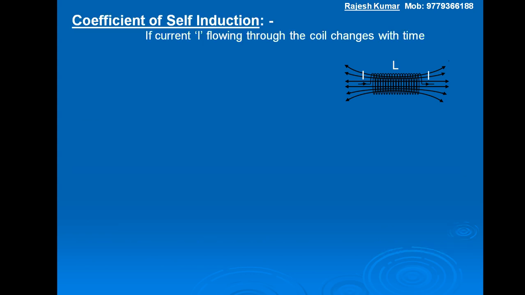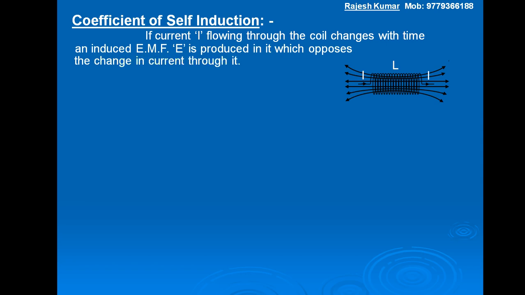If current capital I flowing through the coil changes with time, an induced EMF capital E is produced in it, which opposes the change in current through it.